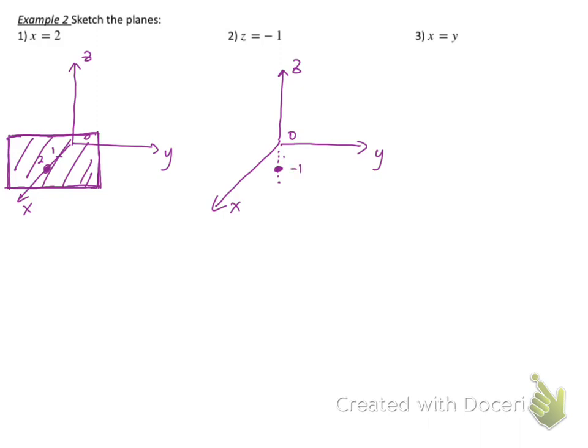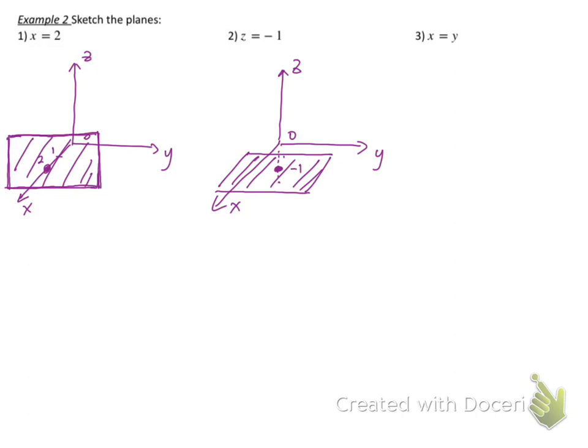That's -1 on z, and then you draw a plane that is parallel to the xy plane, since you're on z, which has x and y axes. So that's the plane, and then you shade it a little bit. Okay, that's the plane.